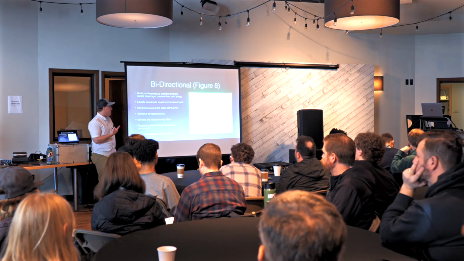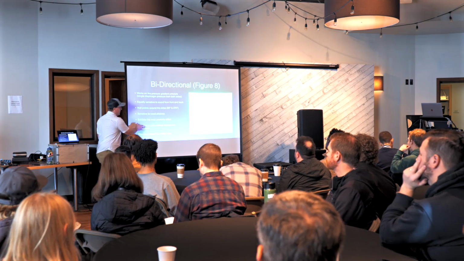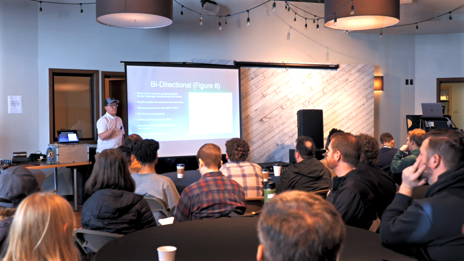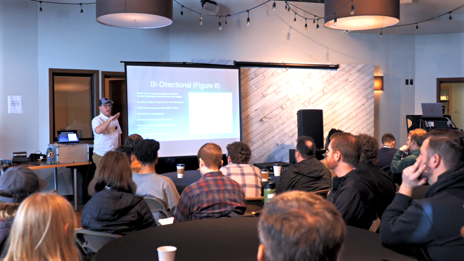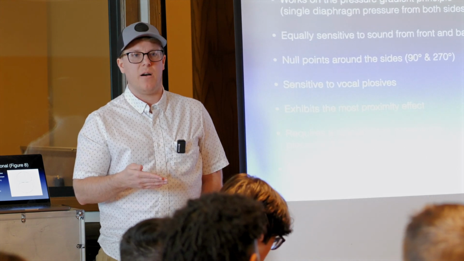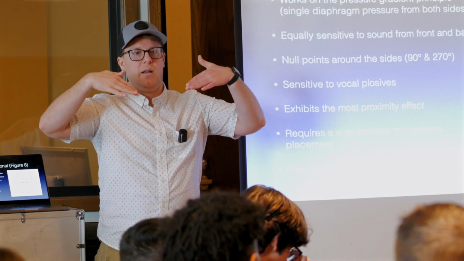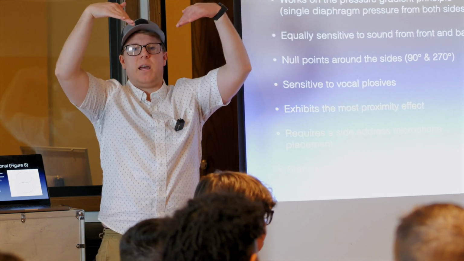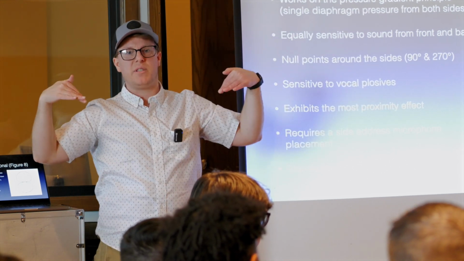It requires a side address microphone placement, which means you can use that proximity effect to your advantage. How I have my mics set up in my home studio right now for the overheads, I'm using 3 overhead mics, and I positioned my ribbon mics like this, so I capture the stereo field of the drum set.